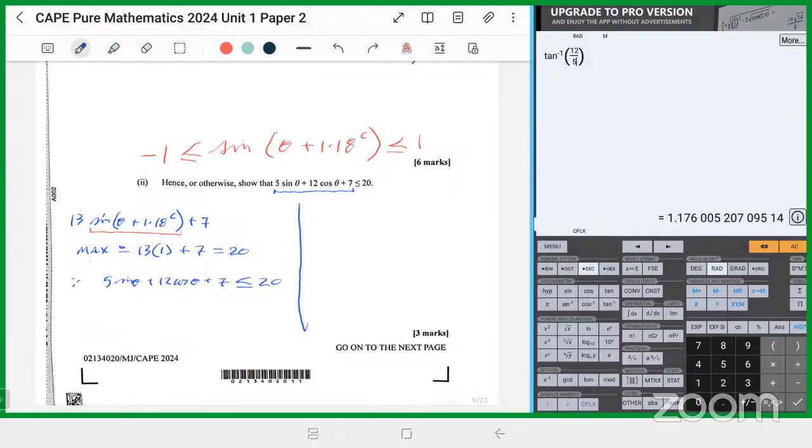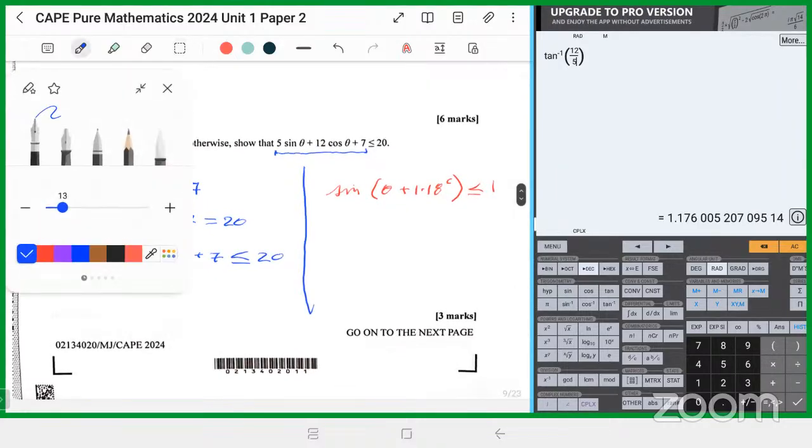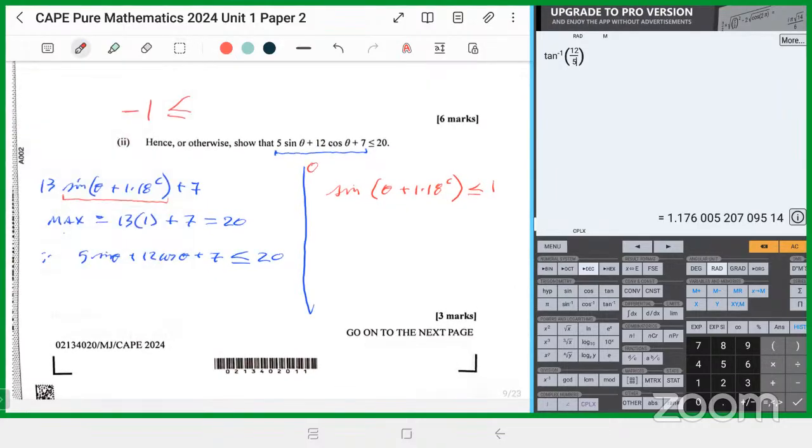So I want to start from here, that we know. Let's make that smaller. This is the OR method. We can actually prove this expression by adjusting this inequality that is true. This inequality is true, and I'm just going to adjust it to what they have said.